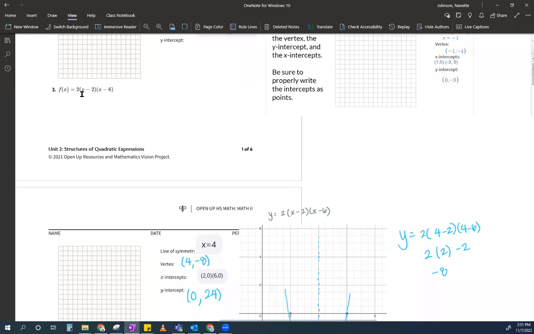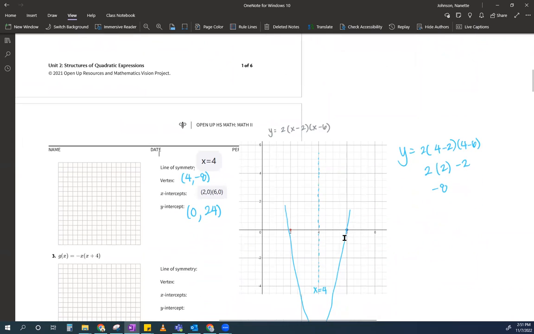So that's the advantage of factored form, right? And because we know that parabolas are symmetrical, you told me to go down the middle to find my line of symmetry. And then you told me to plug in to find my vertex, and then to plug in to find my intercepts as well.